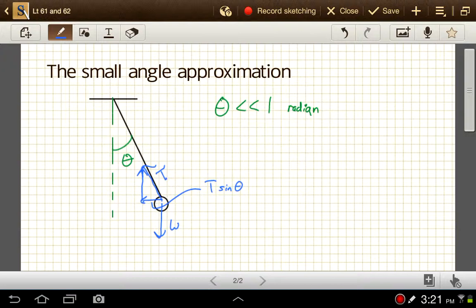Now it turns out that if we choose theta to be very small, far less than 1 radian, then sine of theta is approximately equal to just theta. And T sine theta then just becomes T theta. So now our force is proportional to that angle, that angular distance away from equilibrium.